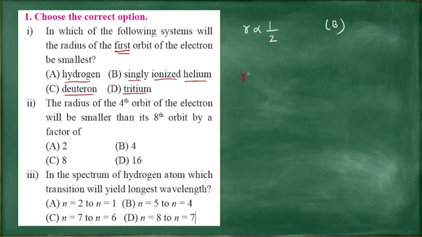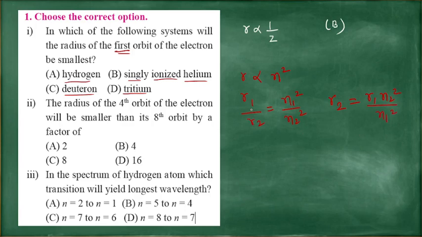So R is directly proportional to n square. So you can write R1 upon R2 is equal to n1 square upon n2 square. You have to find out R2. So R2 is equal to R1 n2 square upon n1 square.